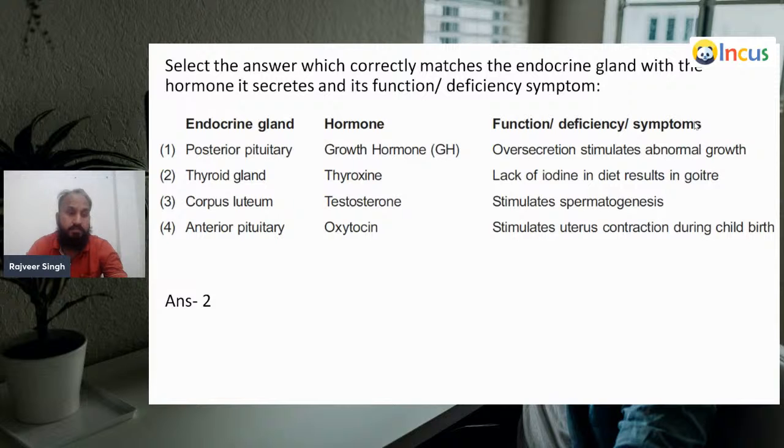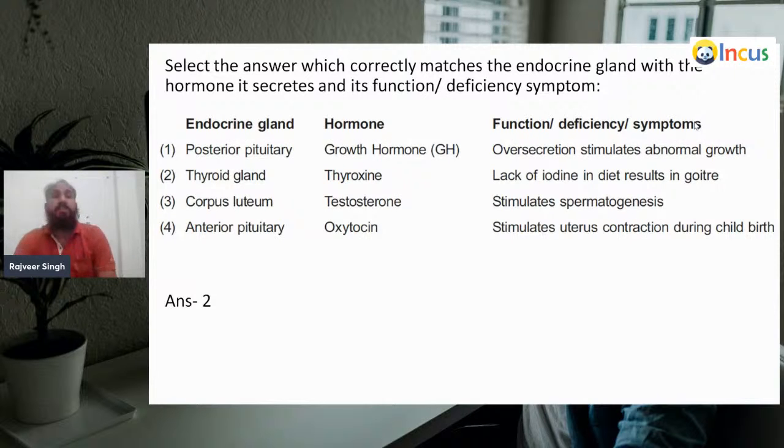Next one, select the answer which correctly matches the endocrine glands with the hormones they secrete and their function or deficiency symptom. First, posterior pituitary, growth hormone, oversecretion stimulates abnormal growth.